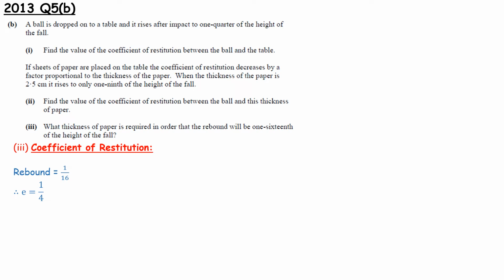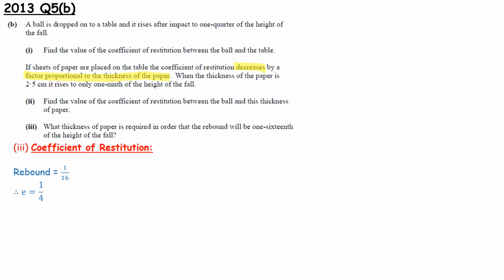So this has kind of gone beyond what we need for question 5. We're really talking about understanding the idea of decreases and the factor proportional to the thickness of the paper. This can be quite hard to understand, so we'll try to work through it. This is the idea of the ratio of proportion.